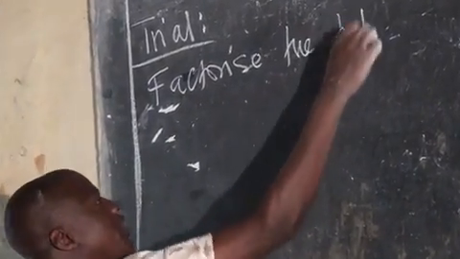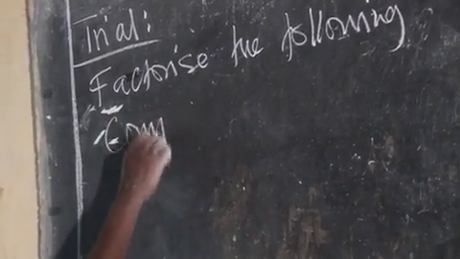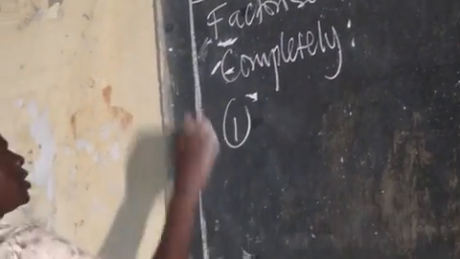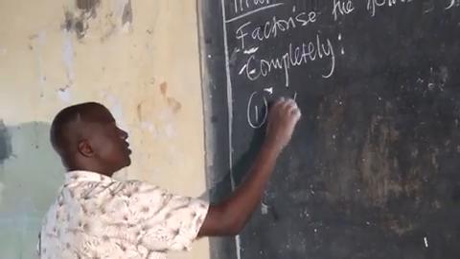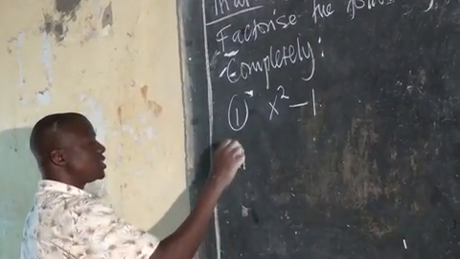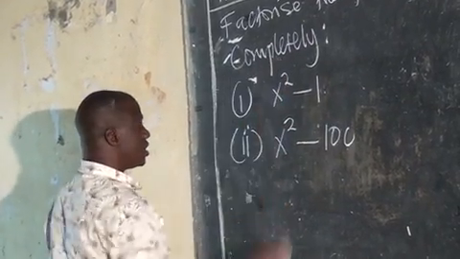Factorize the following completely. Number 1, we have x squared minus 1. Number 2, we have x squared minus 100.